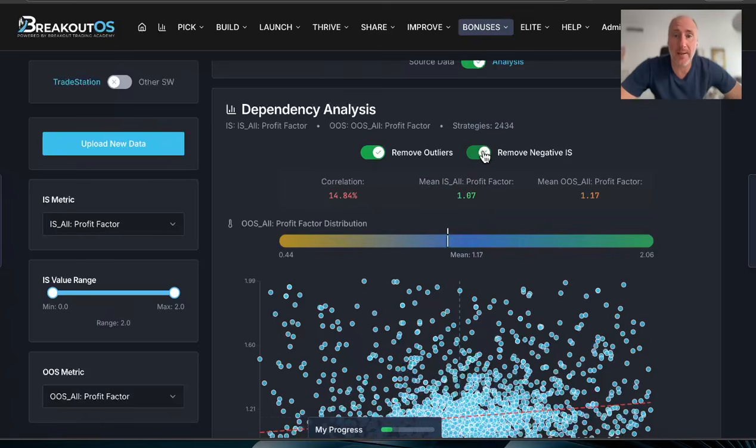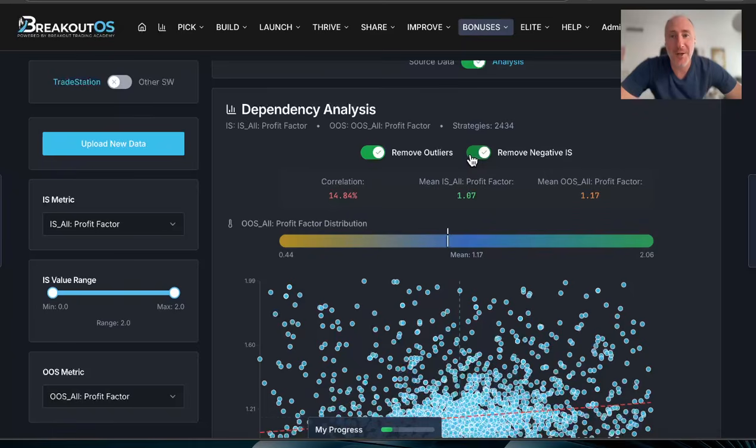Why did I remove negative in-sample data? Because that's how we would mimic real trading. Remember, I only prototyped 3,500 breakout strategies. I did not sort them out in any way. Now, if you were about to deploy a strategy, definitely the in-sample part needs to be positive.